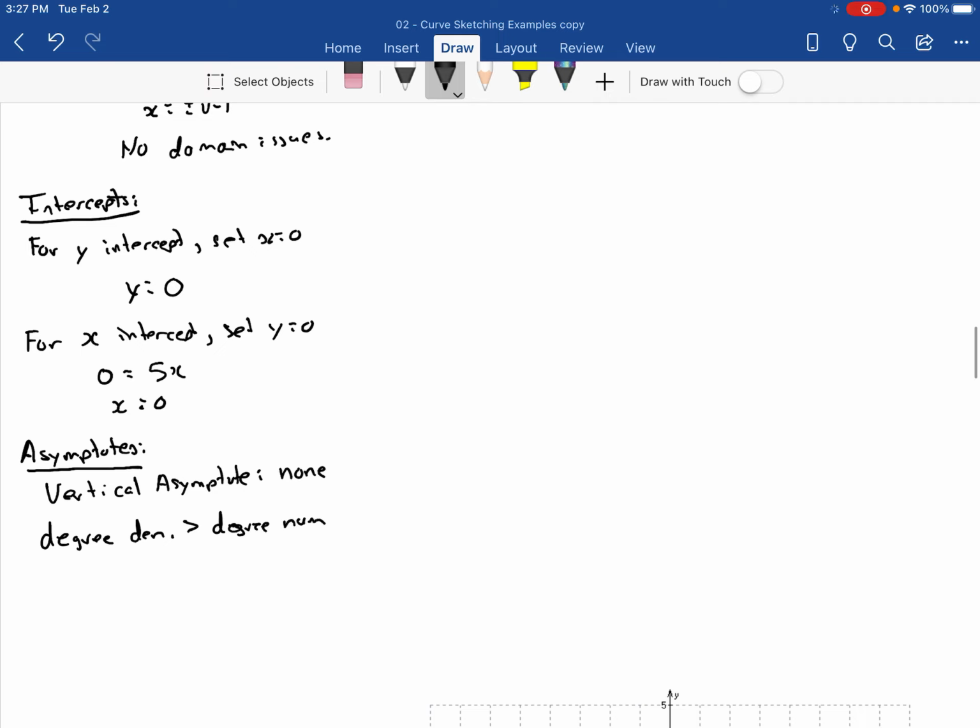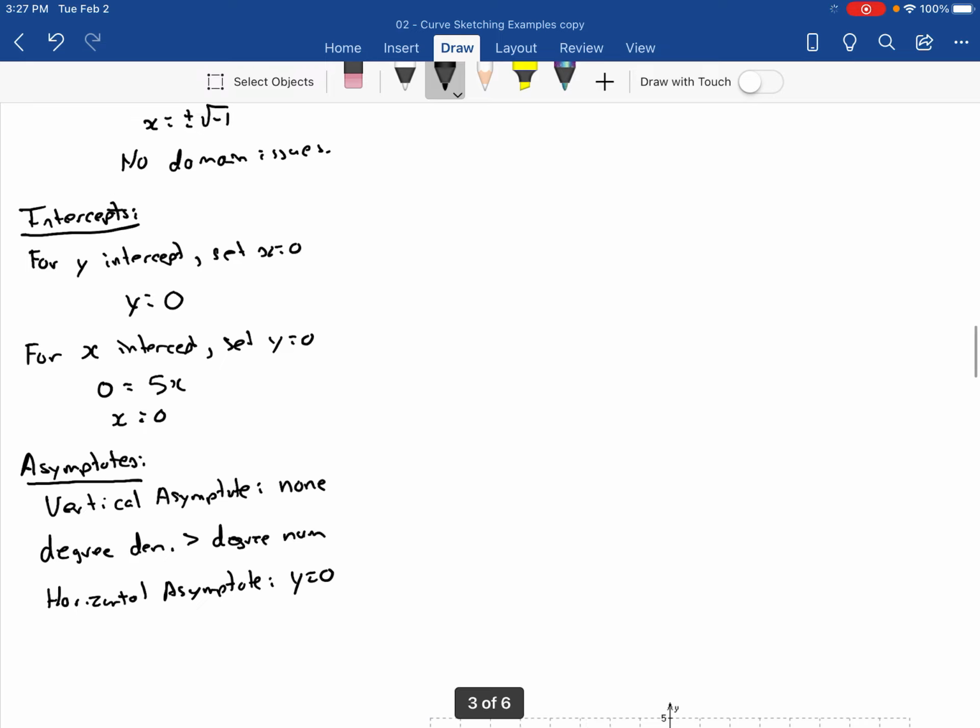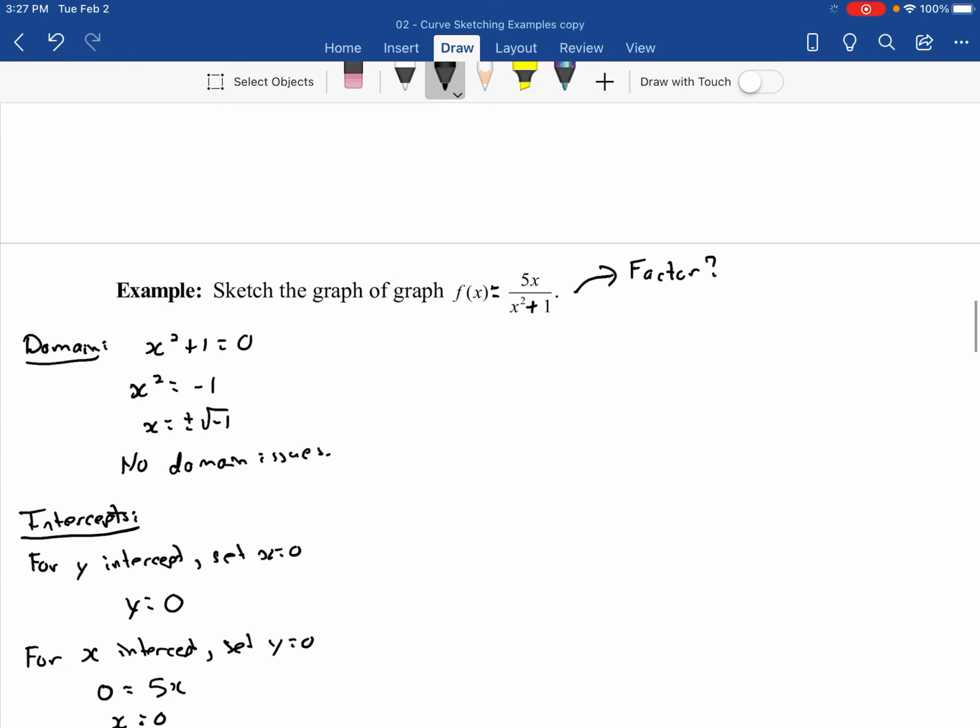And when that happens, we have a horizontal asymptote of y equals 0. Now, there's several ways to get to that. In other lessons, sometimes we've multiplied everything by 1 over the biggest x power and sent the limit as x goes to infinity. But you can also memorize the 3 rules about asymptotes.